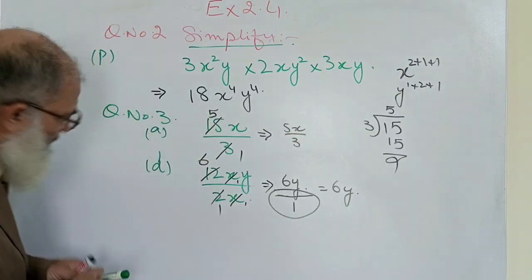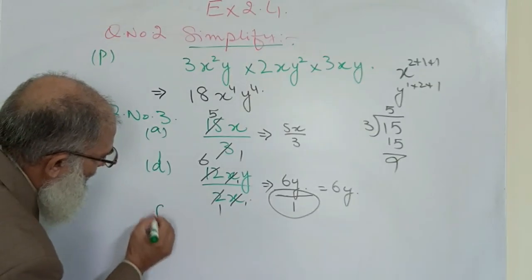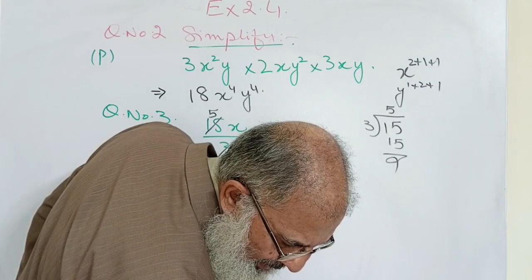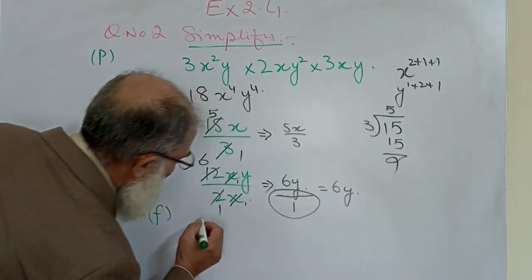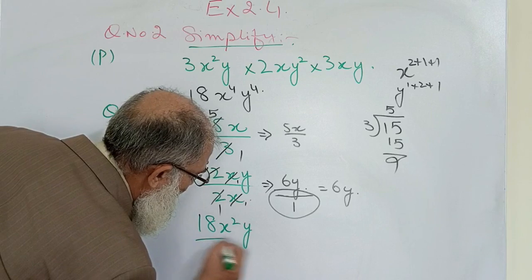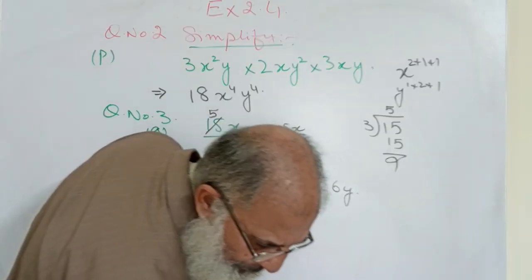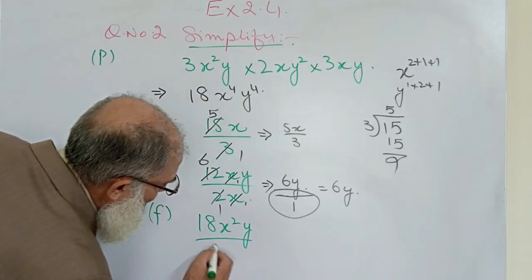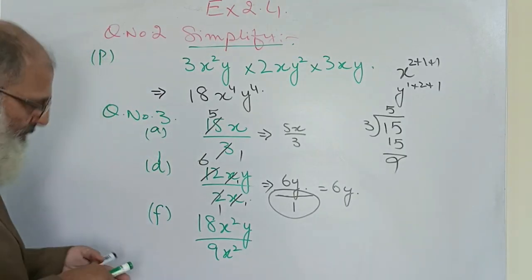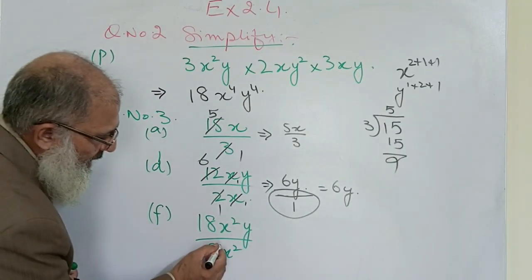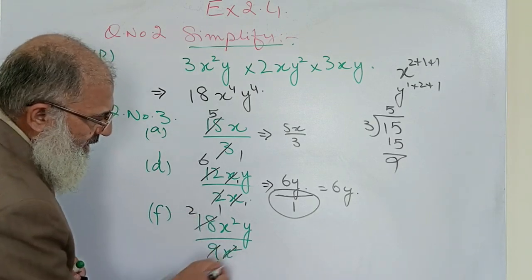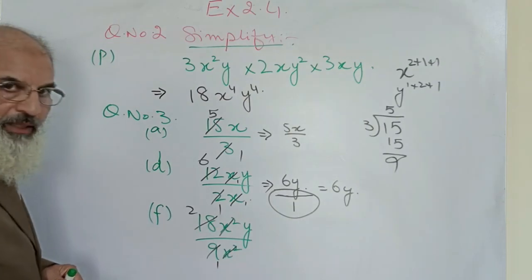Part F. Part F is 18x square y, which is divided by 9x square. Now again students, 9 1 times 9, 9 2 times, x square 1 times and x square again 1 times.